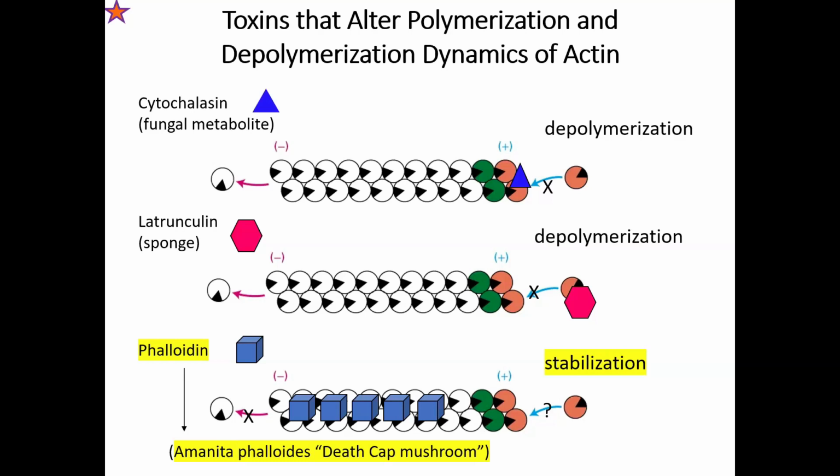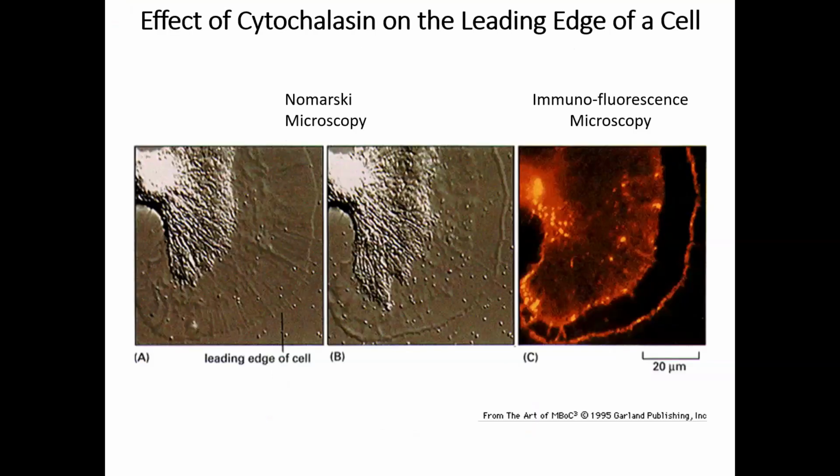Essentially, these are some of the tools in cell biology to understand many different phenomena. This is the effect of cytochalasin on the leading edge of a cell. If you look carefully, this is your phase contrast. Remember that. This is the reason we need a living cell to see these two different ones. This is your Nomarski, DIC.